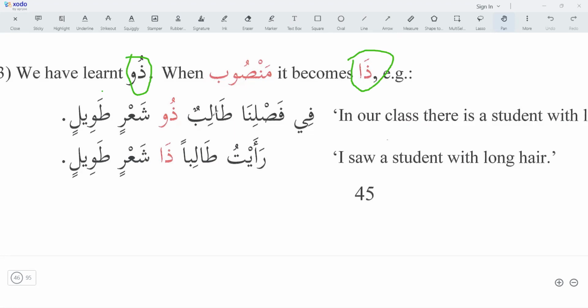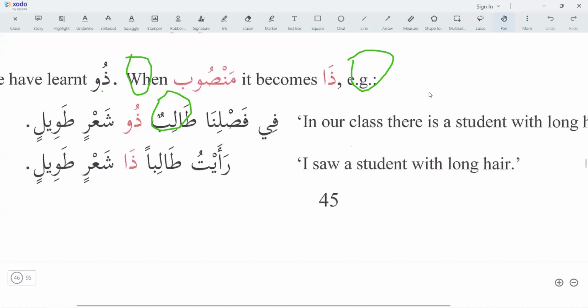Fi faslina talibun zu shahrin tawilin. So here zu is marfu, in the nominative case. In our class, there is a student with long hair.